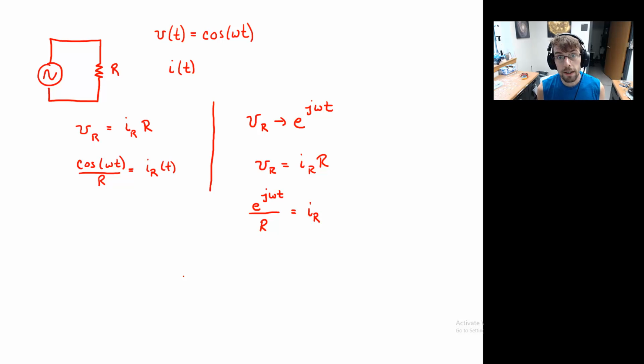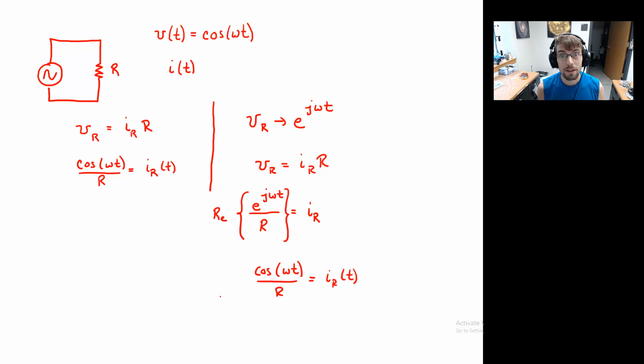And then at the end of the day, I'll take the real component. So I want the real piece of this. And so I end up with, again, the cosine of omega t divided by R. I know, it doesn't seem very enlightening. I understand.